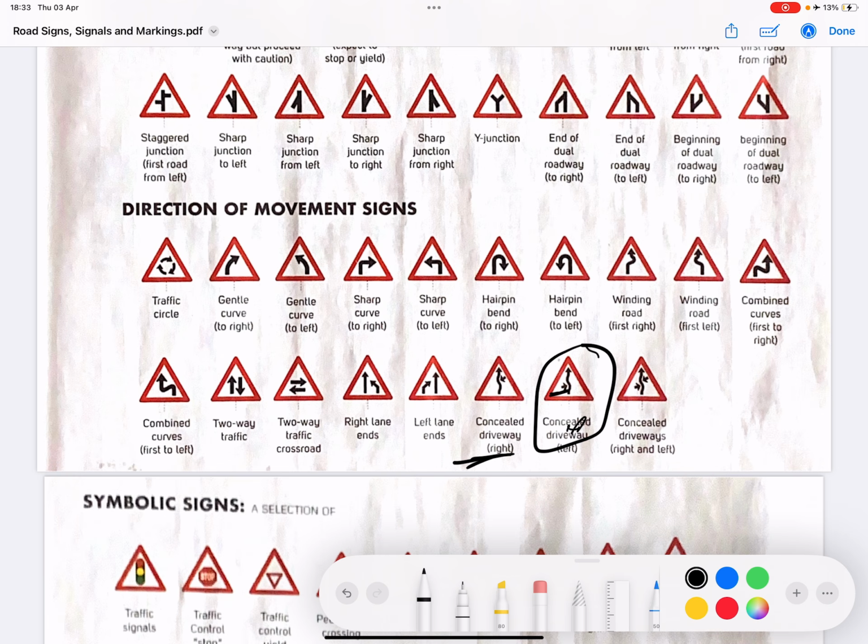Where you are, you can't see that there is a road joining from your right. So be aware that there will be a road coming from your right. Then concealed driveways, right and left. Be aware that there will be a concealed driveway coming from your right and also coming from your left. Hence why they call it concealed driveway, left and right.